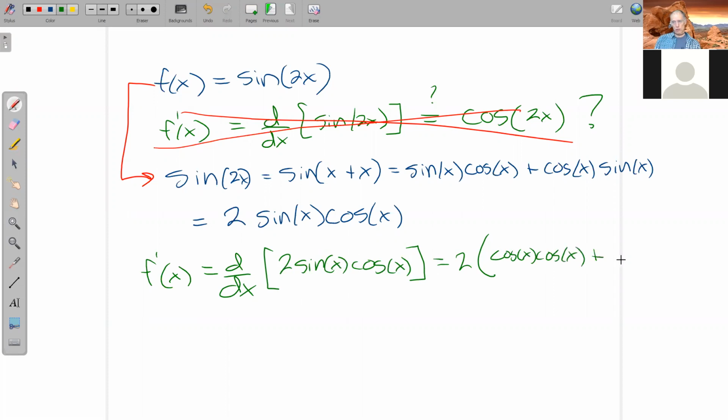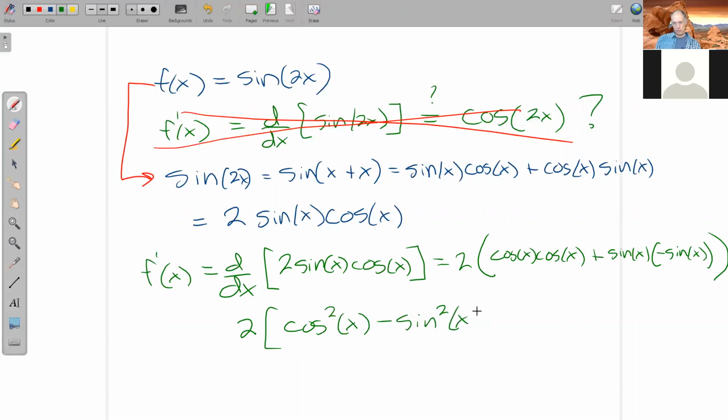Plus, leave the first function alone, sine of x, multiply by the derivative of the second one. Derivative of cosine is negative sine. Use parentheses to be careful there. All right, so there's my rule. So that gives me 2 times the cosine squared of x minus the sine squared of x.